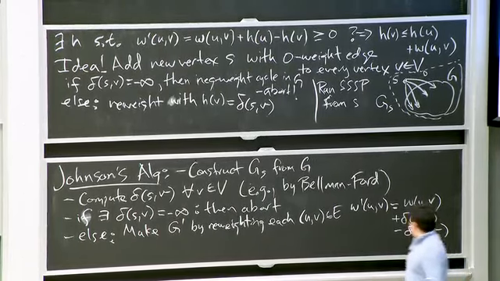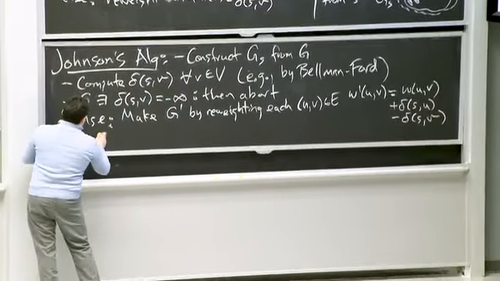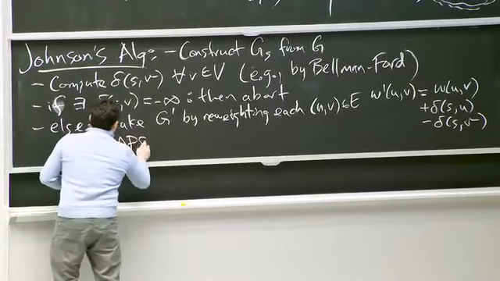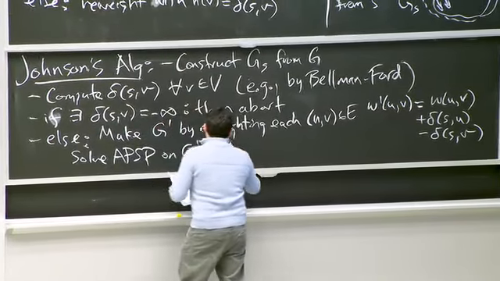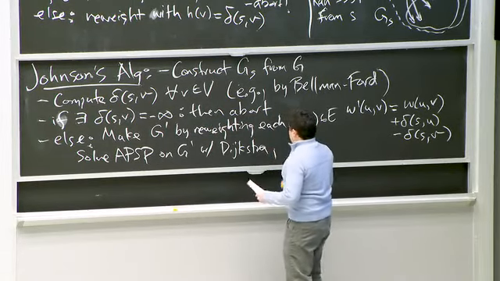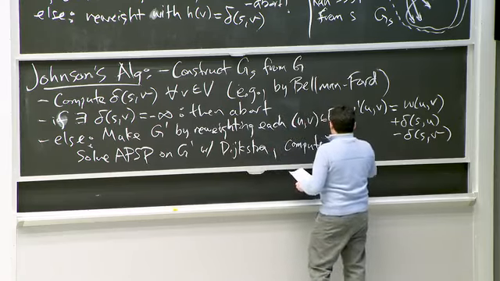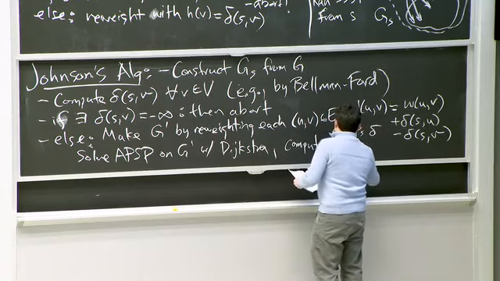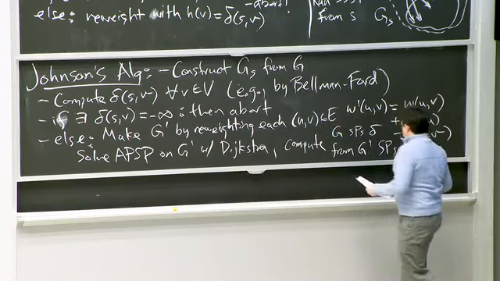Okay? And after I reweighted that, I can just solve all pairs shortest paths on G prime with Dijkstra, and then compute G shortest path distances from G prime shortest path distances.